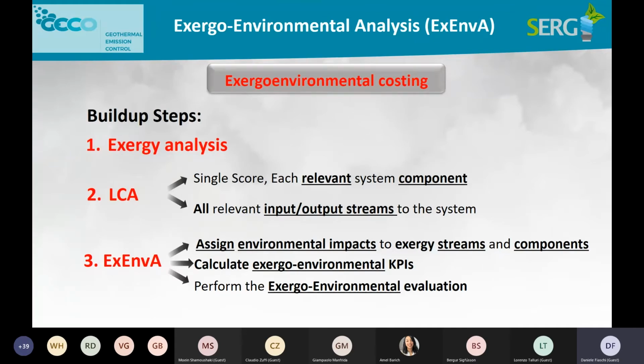And then, the third step is the Exergo-Environmental analysis, assigning the environmental impacts to Exergy streams and components, generally known as points of impact, and calculating the Exergo-Environmental KPIs, key performance indicators, and performing the Exergo-Environmental evaluation.